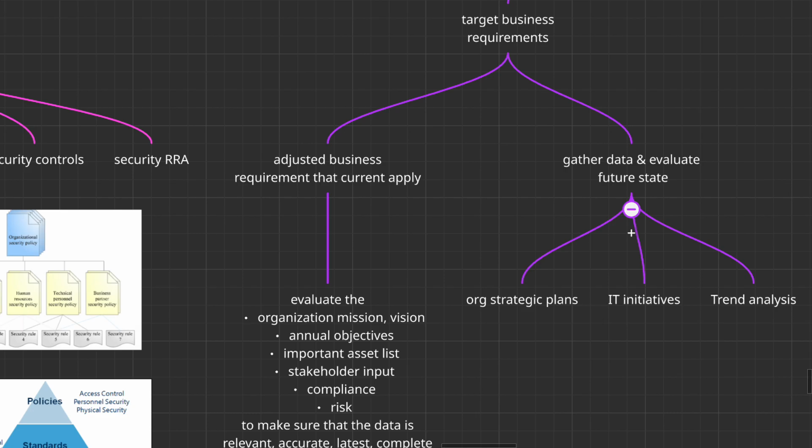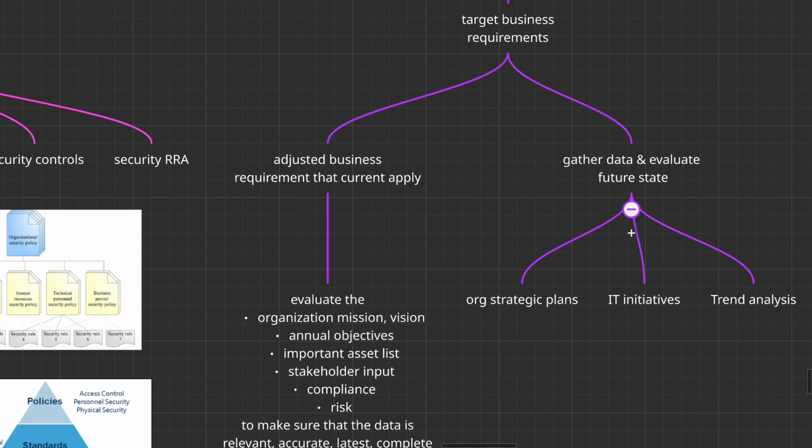There is also trend. So we can take a look at the trend. For example, you can easily see that there will be AI adoption. So this is a trend. And based on these things, you can create some requirements. You're saying, we're going to use AI, so we must be prepared for AI as well.